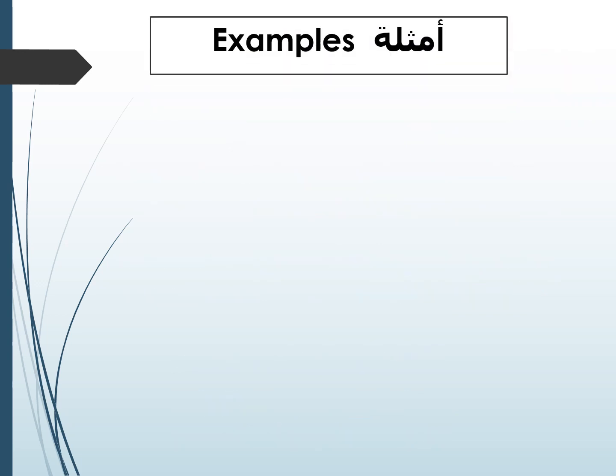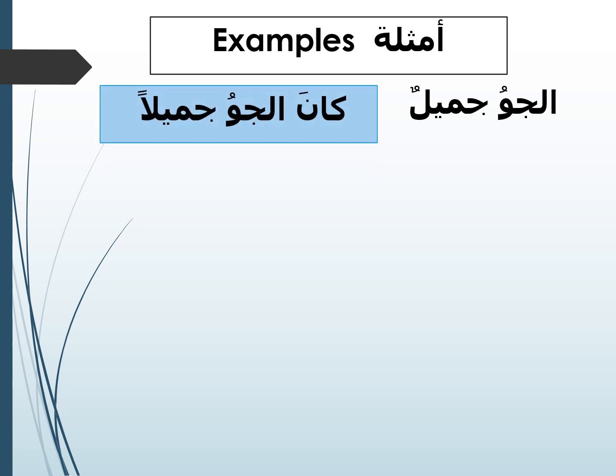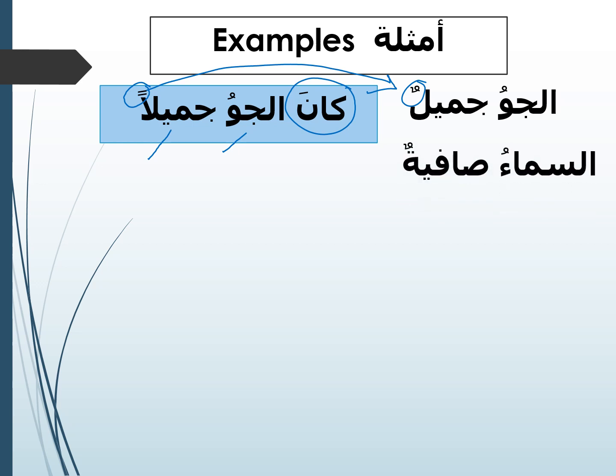أمثلة: الجو جميل. When I use Kana, the weather was beautiful. When we use Kana, what happens? This is اسم Kana, this is خبر Kana, and it changes to accusative. It is no more nominative. السماء صافية.